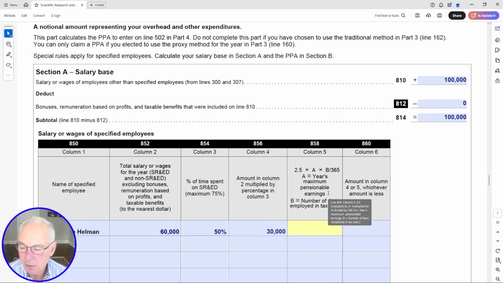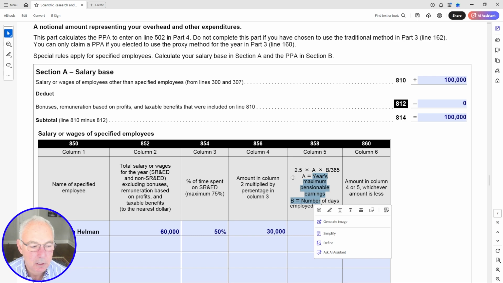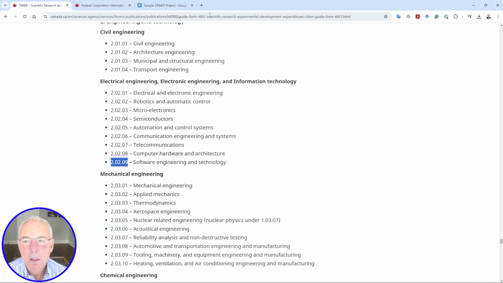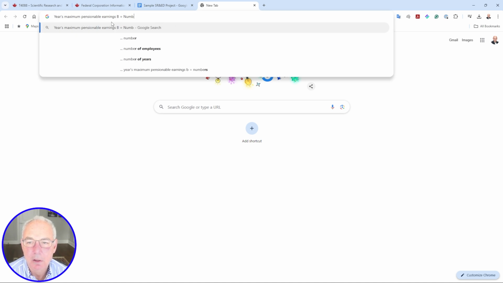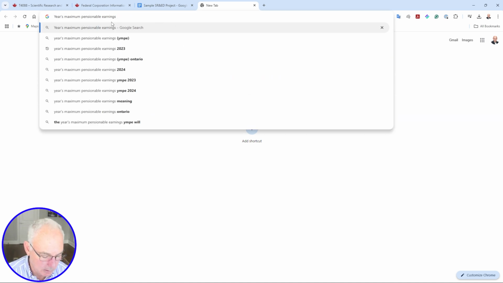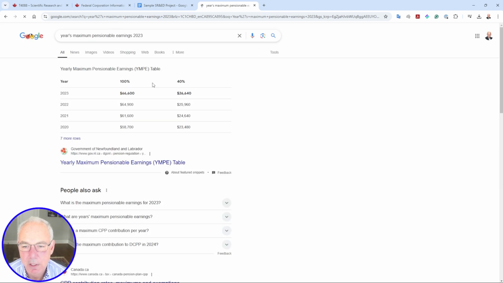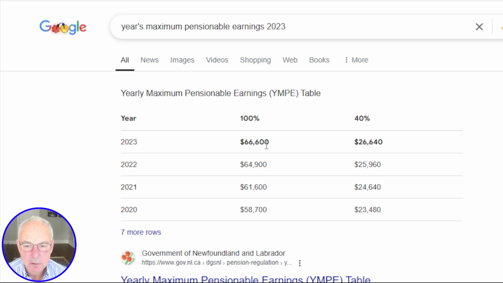Now we need to figure out what the yearly maximum pensionable earnings is. So I'm just going to copy this and go back to my browser, and I'm going to try to find out what the yearly maximum pensionable earnings is for 2023. And I see here that it's $66,600.